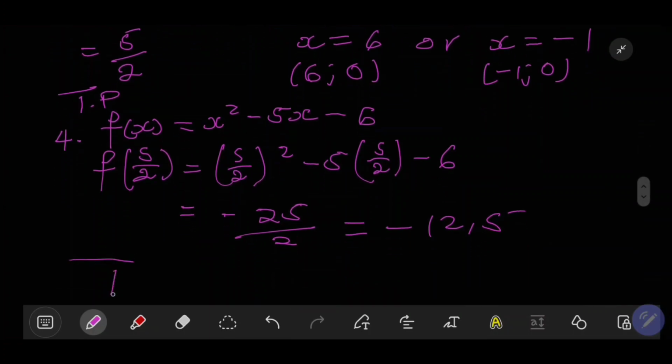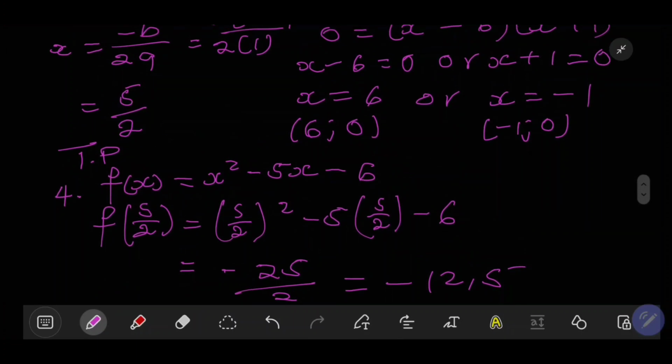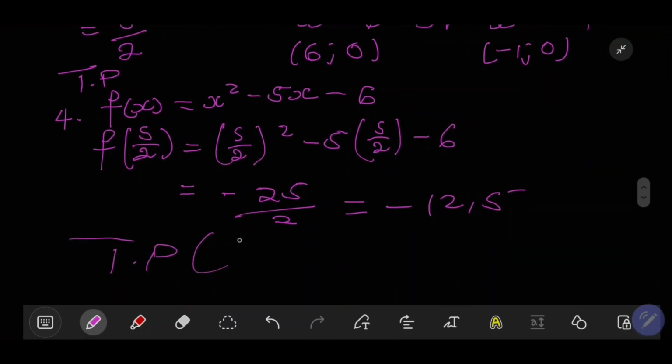The turning point should be in coordinate form. The x value for the turning point is the value of the axis of symmetry, which is 5 over 2, and the corresponding y value is negative 12 point 5, or you can write negative 25 over 2.